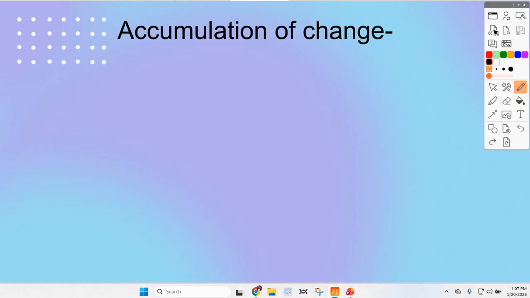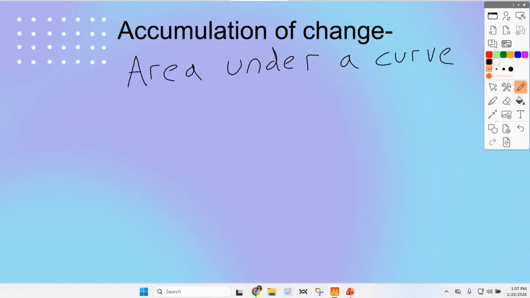We looked at velocities over time, and we are accumulating those, meaning that they are growing, so I'm adding up different velocities. So what that allows us to then find is the area under a curve. And that can be any curve, not necessarily a nice pretty geometric one. It can be any curve.